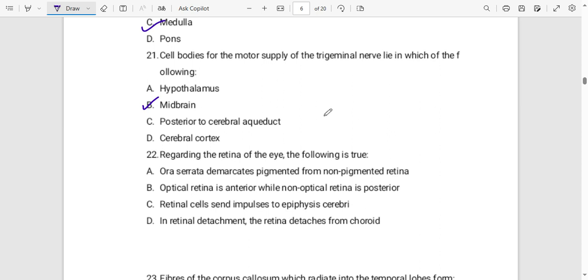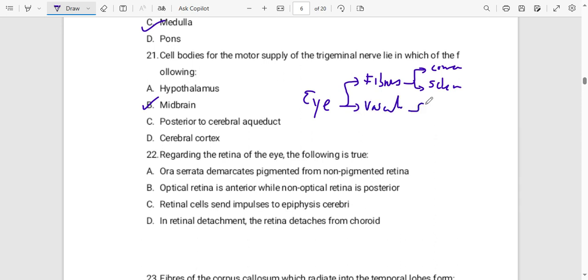Remember, when you're talking about the layers of the eye, we said that the eye has the outer fibrous layer, which is divided into anterior, the cornea, which is about 1/5 or 1/6, and then the posterior aspect, the continuation, which is the sclera. Then you have the second layer, the vascular layer, where you have the choroid at the back.